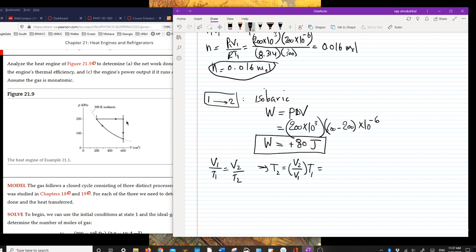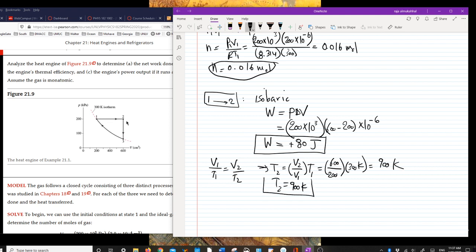Look at the diagram here, guys, to the left. That's going to be 600, regardless of unit, divided by 200, times 300 Kelvin. That gives me 900 Kelvin. There we go, T2 is 900 Kelvin.